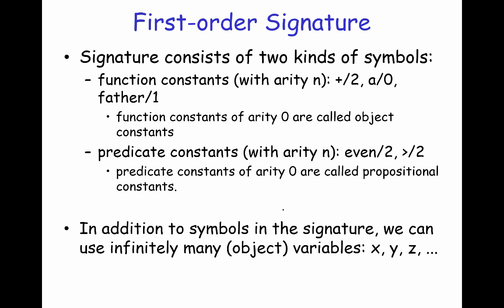So, for instance, even should have arity 1. It has only one argument, which means that the number given as an argument is an even number or not. Or greater than is a relation between two numbers, where the first number is greater than the second one.